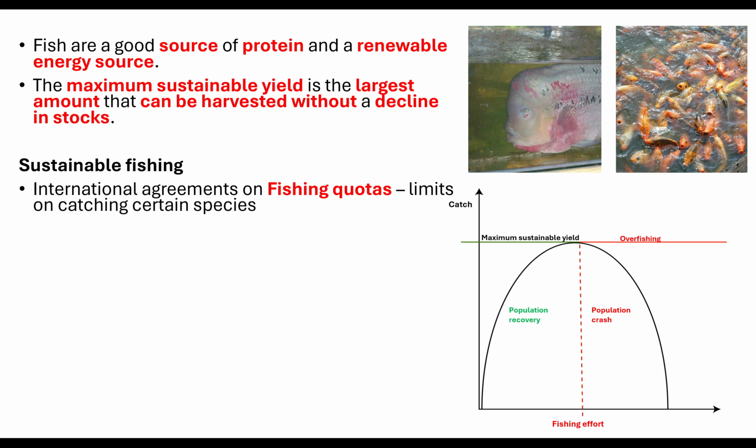Now this becomes a bit of a problem because some fishermen, if they know that they are going to go over their quotas, can actually catch the fish and then just throw that extra part back into the sea, and therefore that limits their fine that they could get.